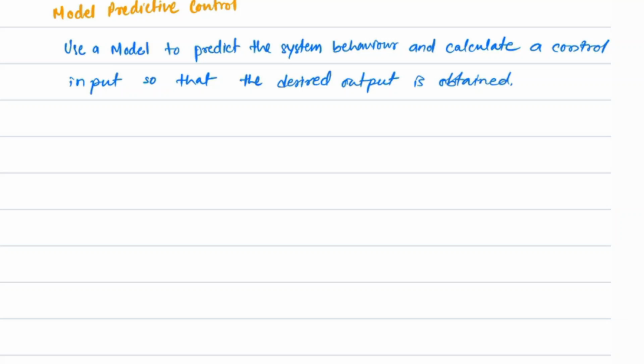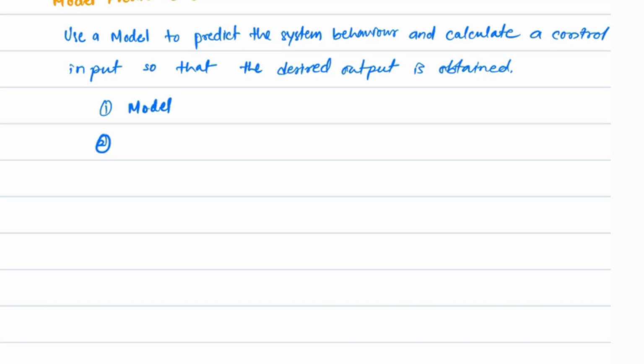So MPC problem has three elements. First is a model. Second is, so three things I would like to explain: use of model. Second is notion of horizon. What does horizon mean in this context?